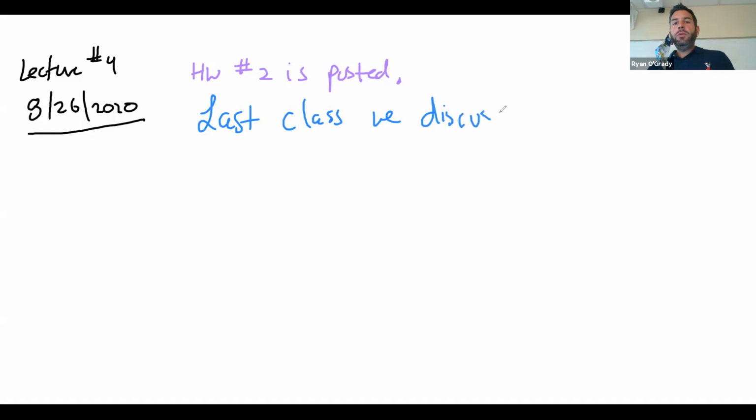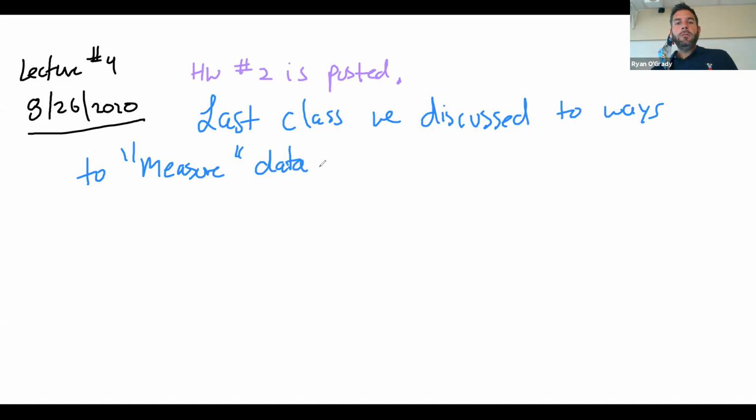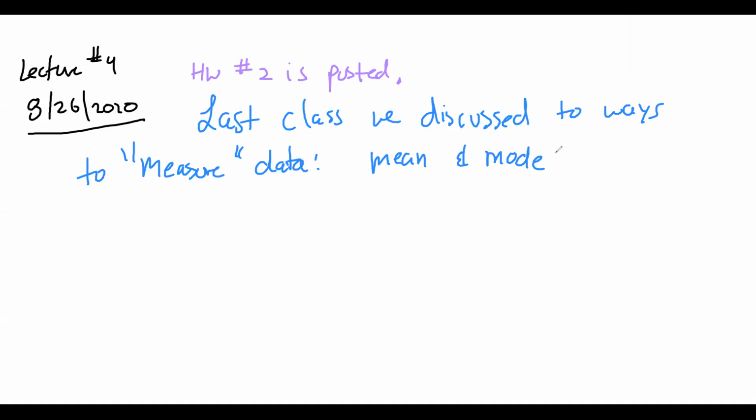So last class we discussed sort of two ways to what we like to say measure data. The first was mean, and the second was median, yeah. What am I saying? Sorry.